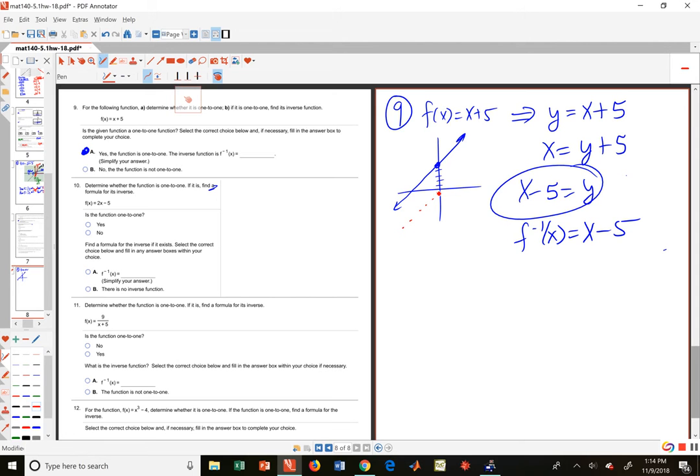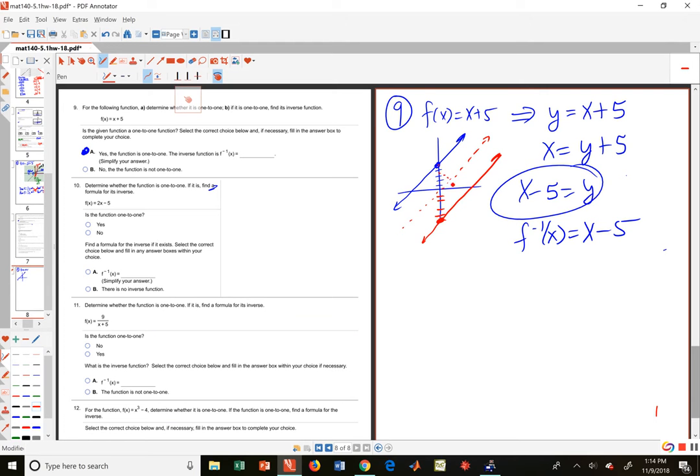If you reflect this about the line y equals x, you'll see what's going on here. Let me do it in red. So 1, 2, 3, 4, 5. So at 0, we're at minus 5, and it has the same steepness.